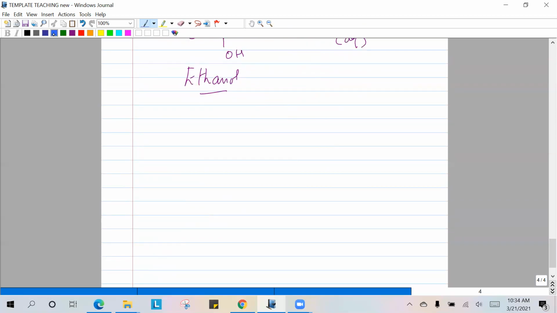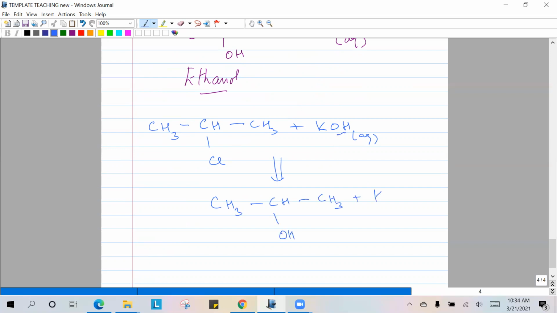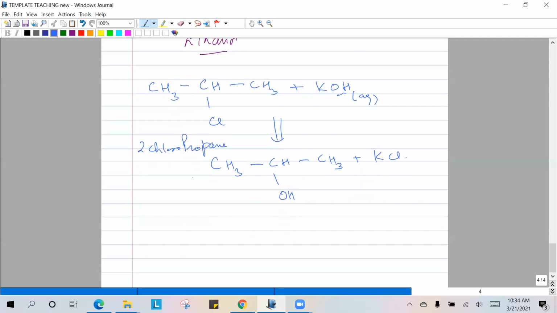So if I take another example, with KOH aqueous, I copy the whole haloalkane, and instead of the Cl, I put the OH, and the Cl goes to the K. You started with 2-chloropropane and end up with propan-2-ol. That's the only thing.